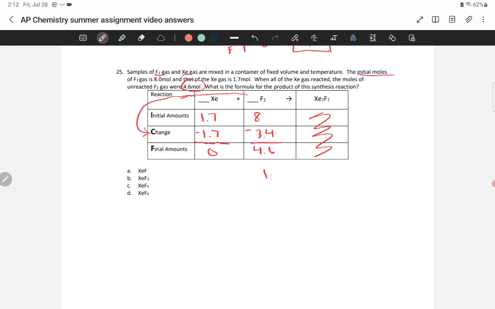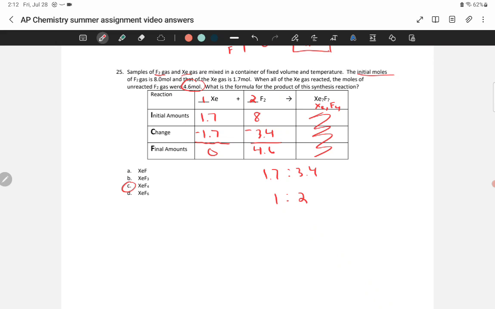So a 1.7 to 3.4 ratio is the same as a 1 to 2 ratio. So 1 Xe and 4 Fs. There we go.